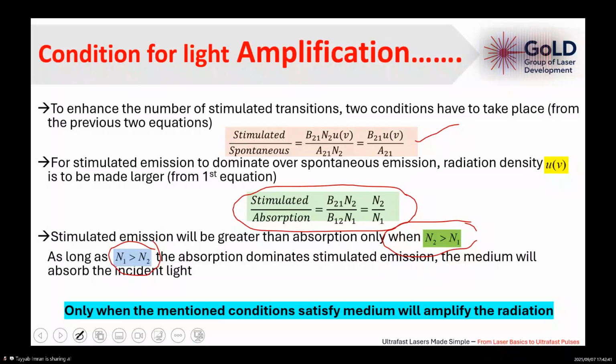Randomly photons are absorbed, not in a systematic way, so we cannot stimulate in this case. So absorption has to be overcome with a very intense burst of light or something like this, used as a pump to stimulate.